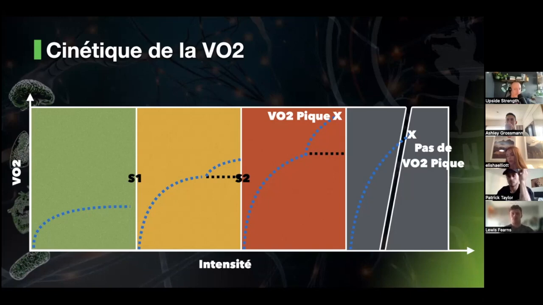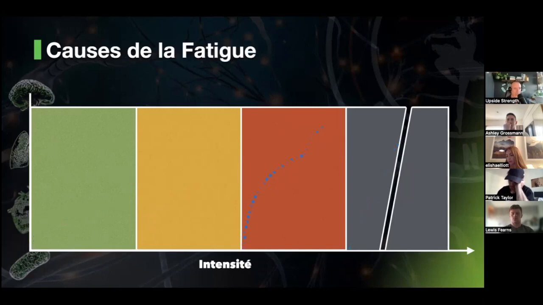And this is how researchers make the distinction between those two domains. So essentially, it's really short and hard efforts, which are going to induce local fatigue, so the legs in cycling, for example, before you're even able to express that VO2 max or VO2 peak.